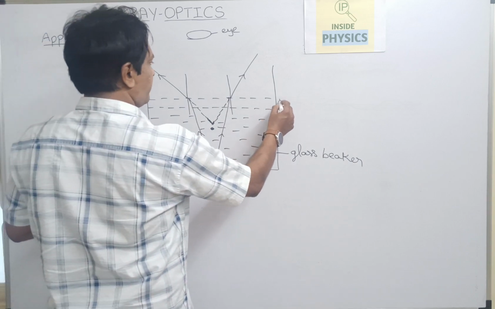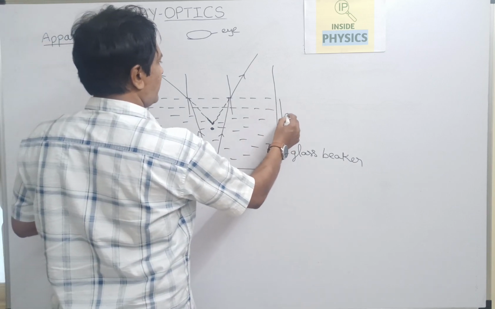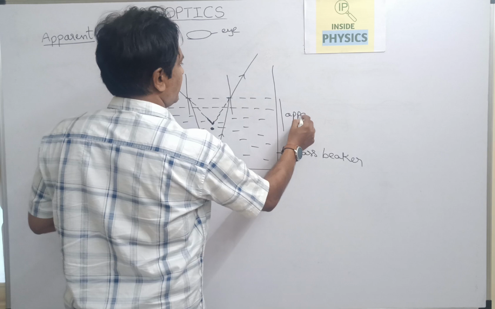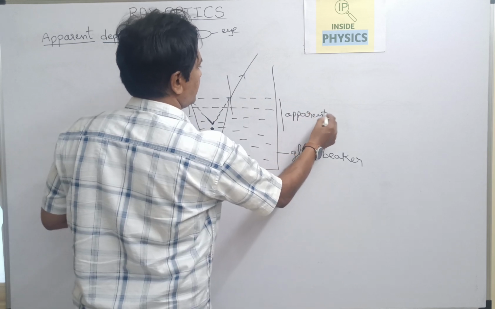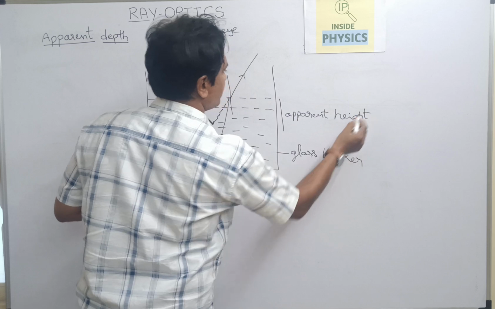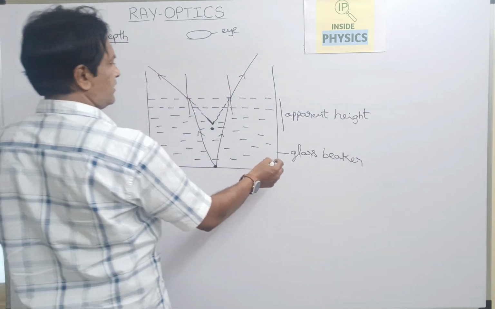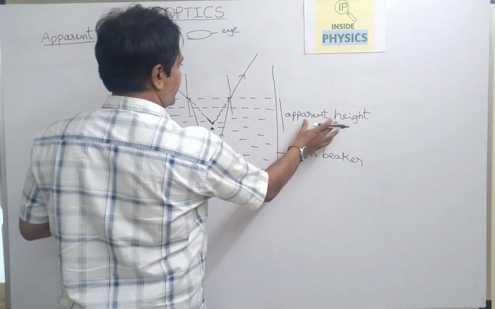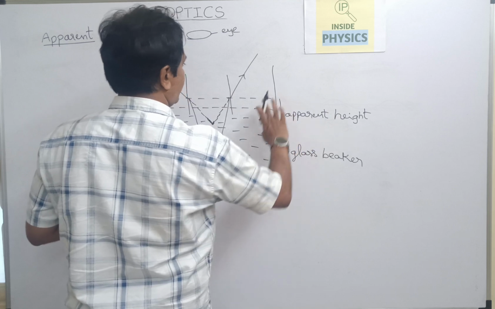This is called the apparent height of the object or bottom level, and this is the real height.